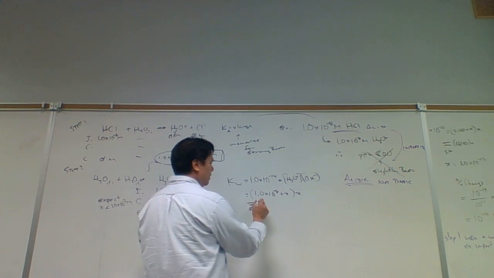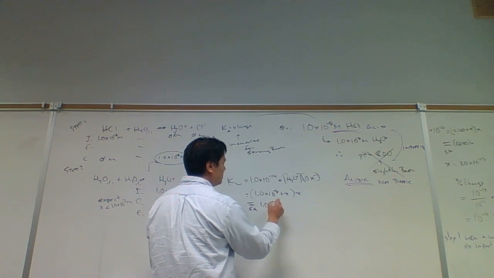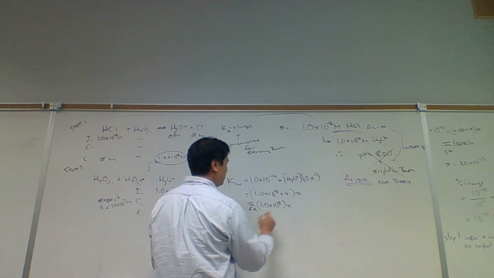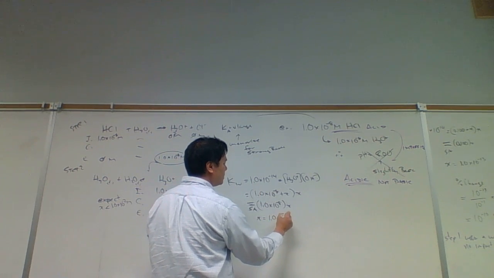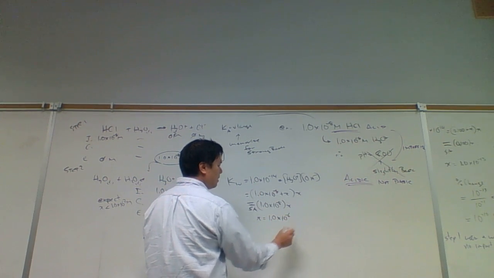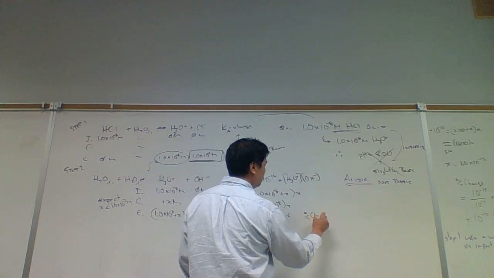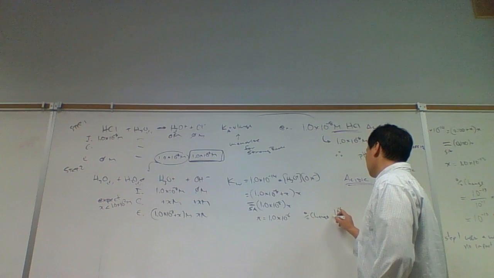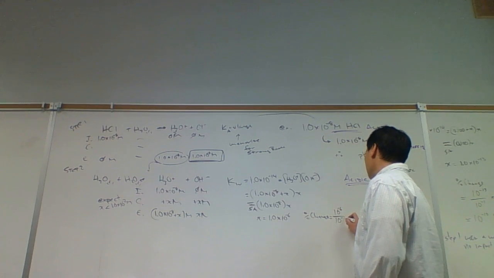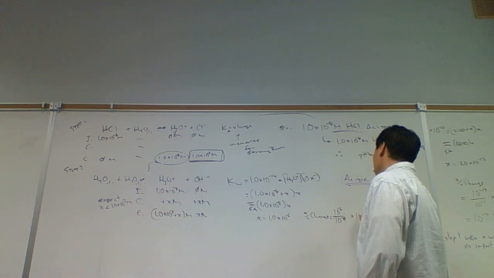If we try it, we get 1.0 times 10 to the minus 8 times X. X is equal to 1.0 times 10 to the minus 6. And it gives us a percent change of 10 to the minus 6 divided by 10 to the minus 8 times 10 squared.